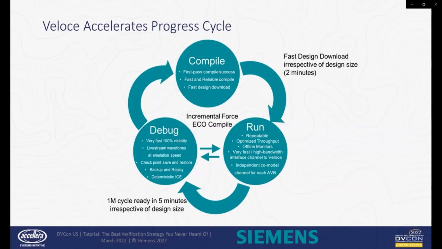You will have capabilities like offline monitor and a very fast, high bandwidth interface channel to Veloce to enable you to get fast throughput. On the debug side, you always have 100% visibility to the entire design, so you can see the whole design and you can debug it.